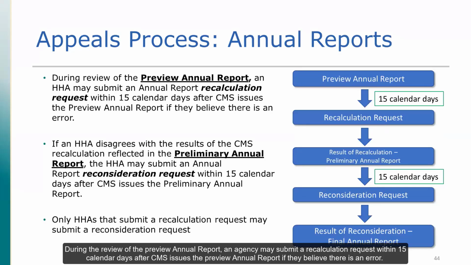During the review of the preview annual report, an agency may submit a recalculation request within 15 calendar days after CMS issues the preview annual report if they believe there is an error.